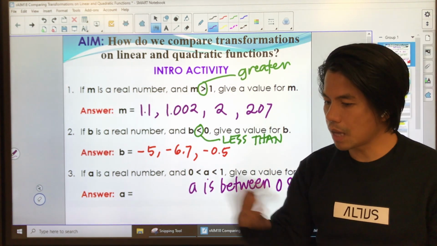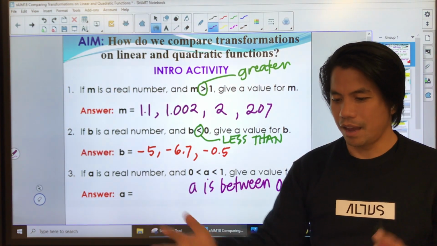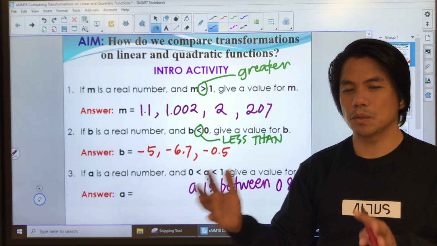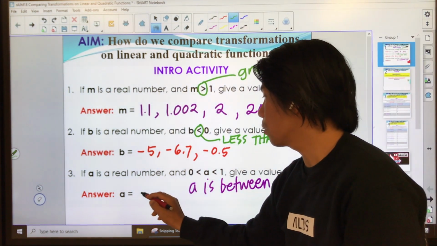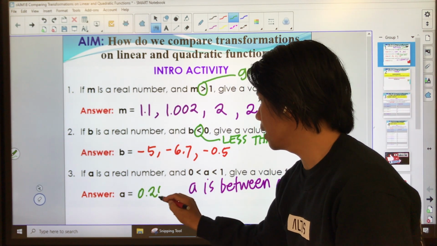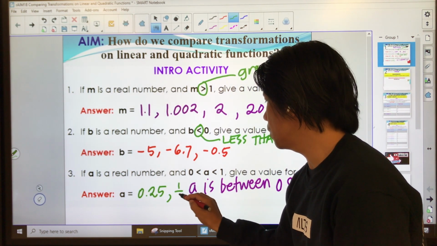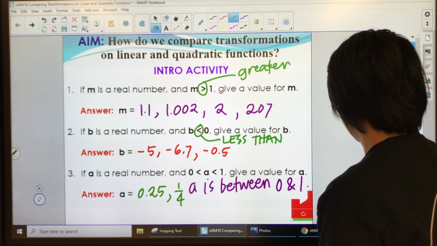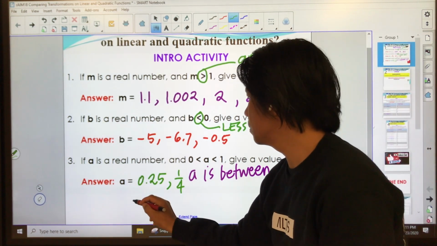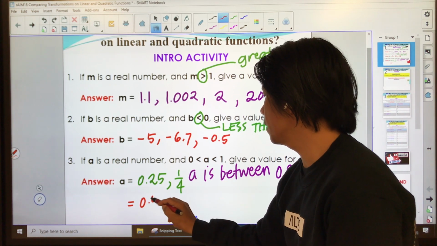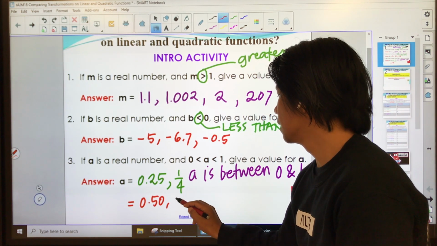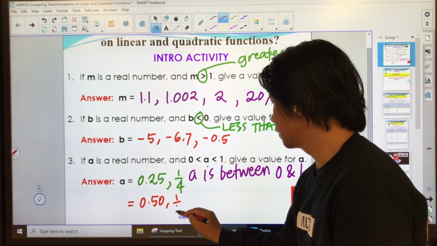So $0 and $1. Any number in between is the value of a. So it could be a quarter or 0.25, or it could be 1/4 in fraction, right? It could also be 0.5 or 50 cents, that's 1/2.